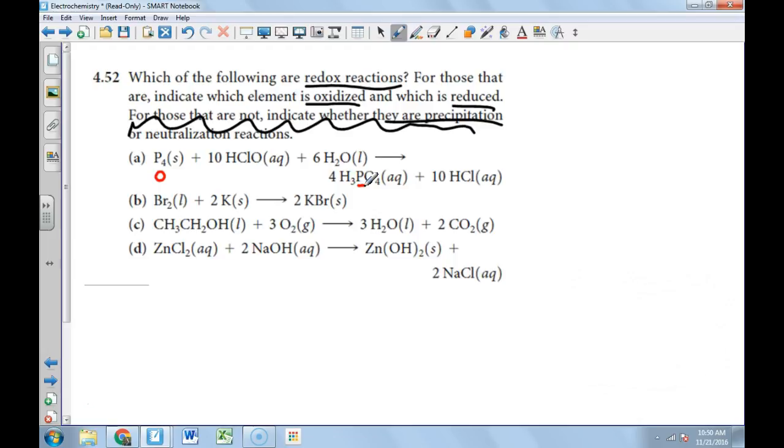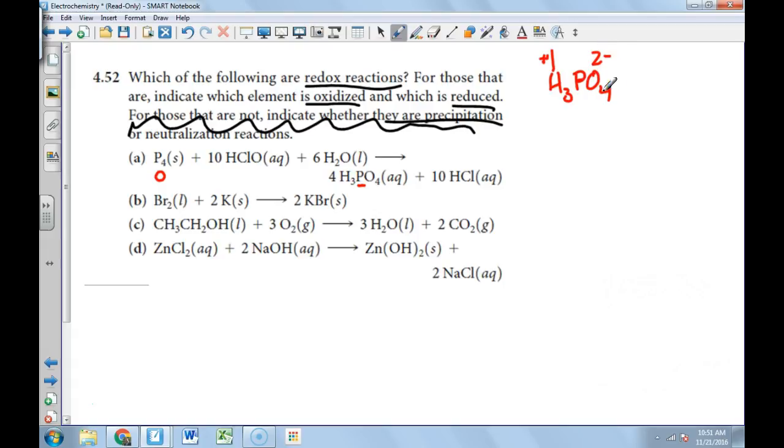Phosphorus is one of those things that is going to change oxidation state. The thing to do is to look at phosphate, H3PO4. Now, hydrogen is always a +1 with certain exceptions, and even more certain is oxygen at 2-.